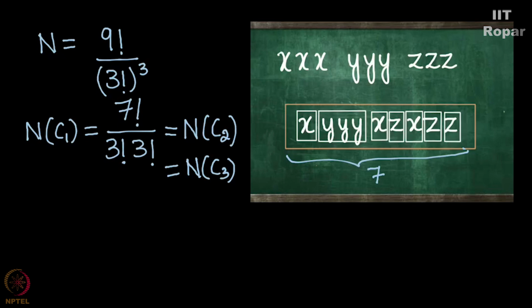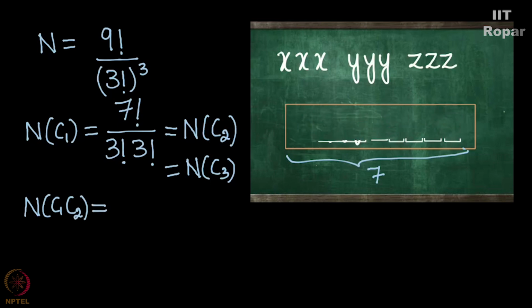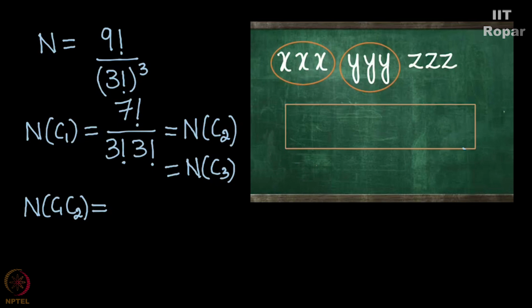Well, now what is n of C1 C2? Now we have to consider those arrangements where XXX and YYY will appear. It is going to look something like this: XXX, Z, YYY, ZZ. Or Z, XXX, YYY, ZZ.